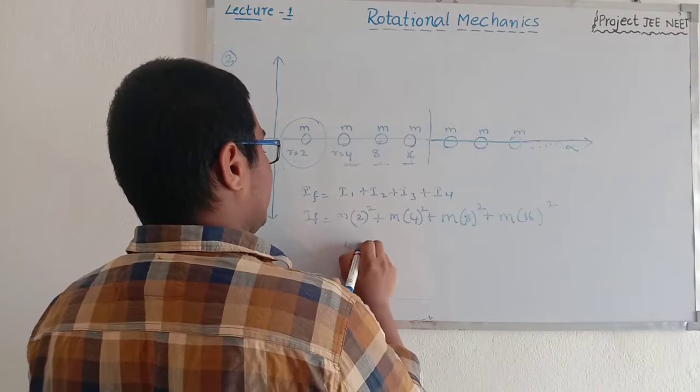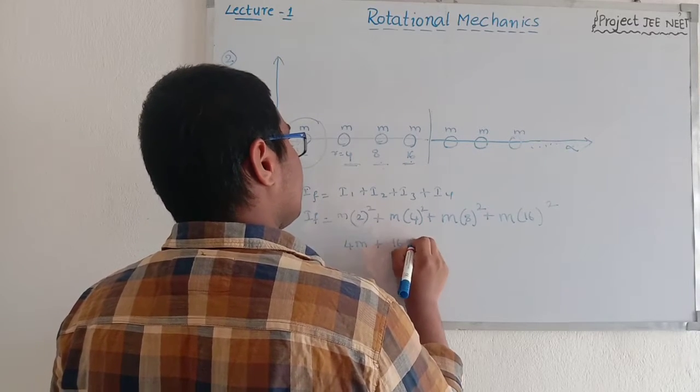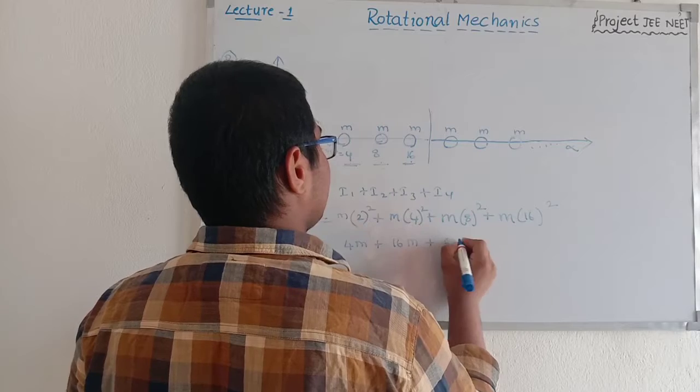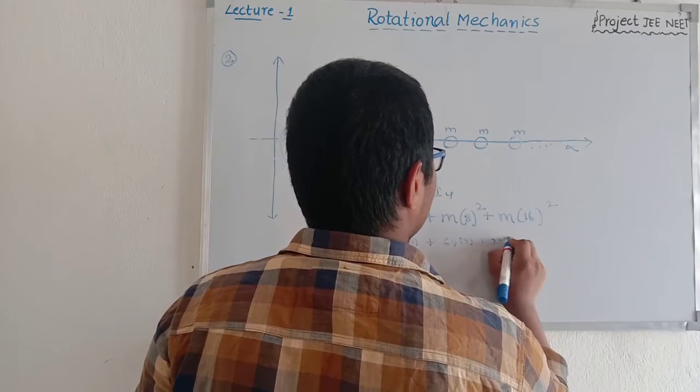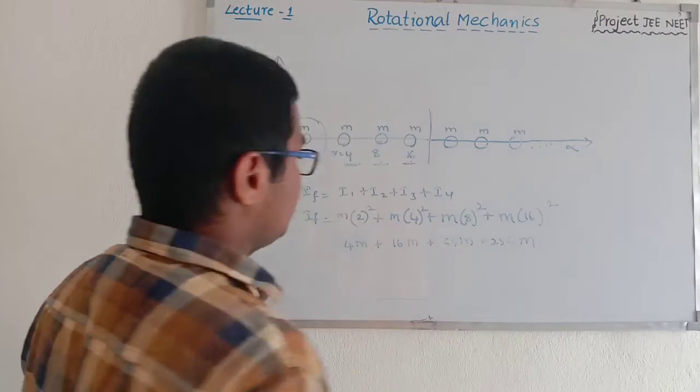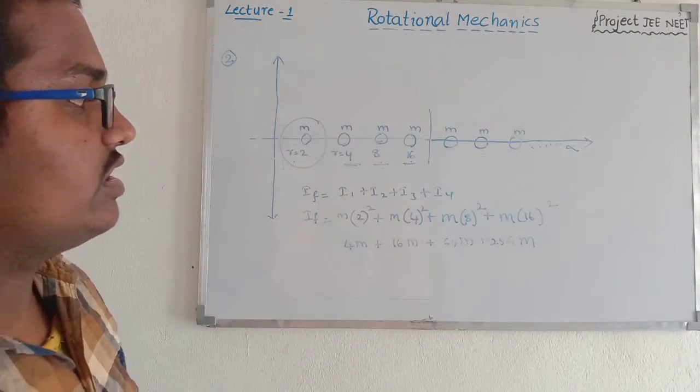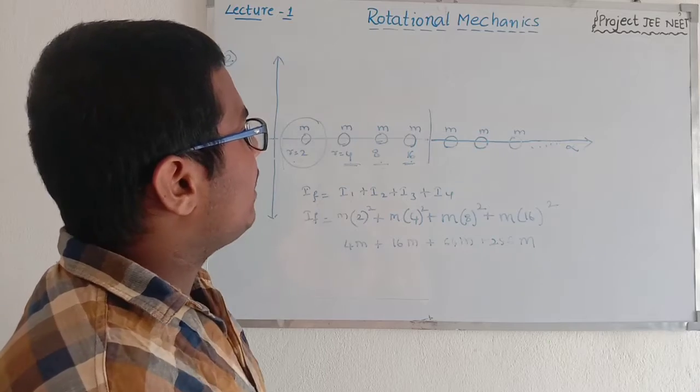4m plus 16m plus 64m plus 256m. So you calculate this addition and then you will get the final answer.